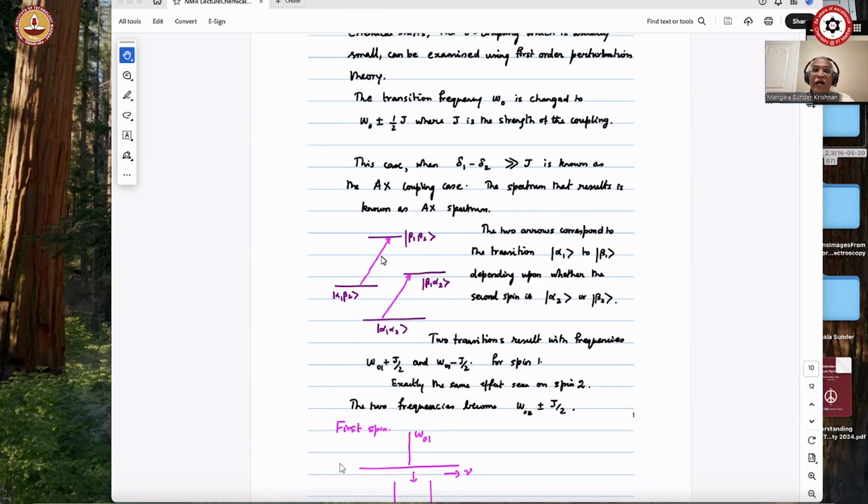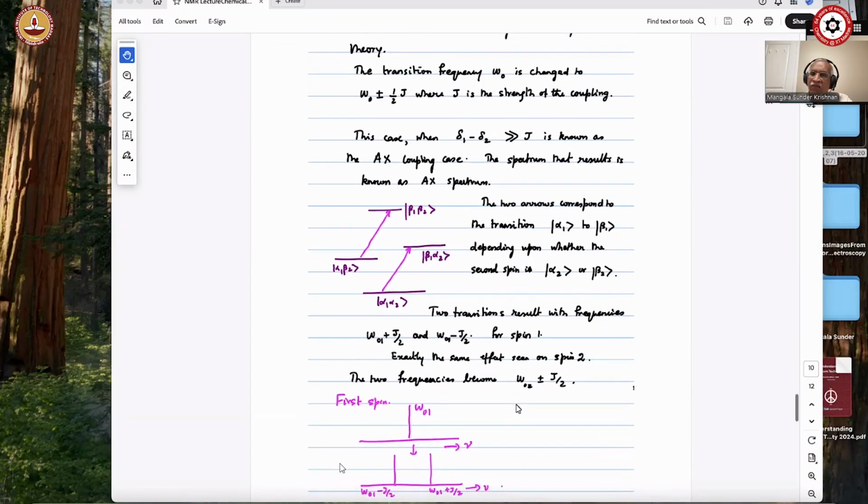So the two arrows correspond to alpha 1 to beta 1, depending on whether the second spin is alpha 2 or beta 2. These transitions will be plus J by 2, where J is the coupling strength between the two spins, and the other will be minus J by 2.